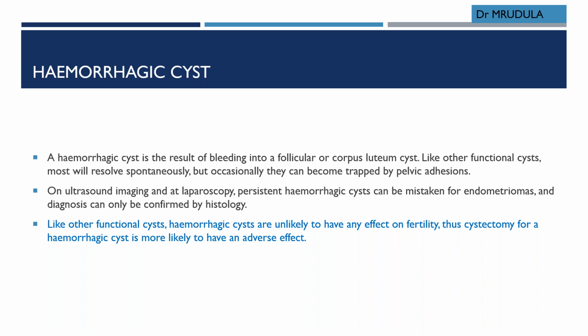On ultrasound imaging and on laparoscopy, they usually appear similar, so it is very difficult to differentiate an endometriotic cyst from a hemorrhagic cyst, and the diagnosis is only confirmed by histology. Same as functional cysts, a hemorrhagic cyst doesn't have any effect on fertility. But if you go for cystectomy of a hemorrhagic cyst, again there is a risk of compromising ovarian reserve.